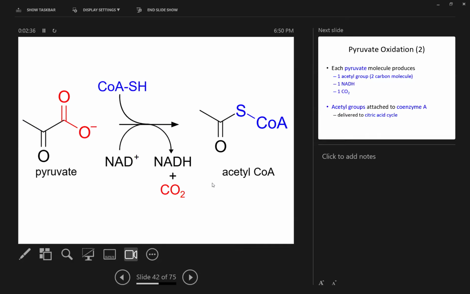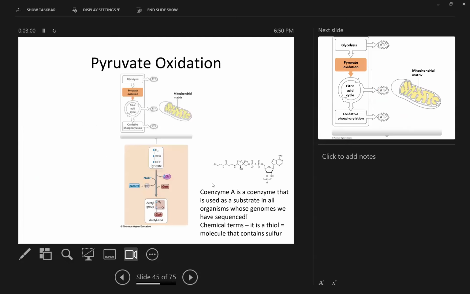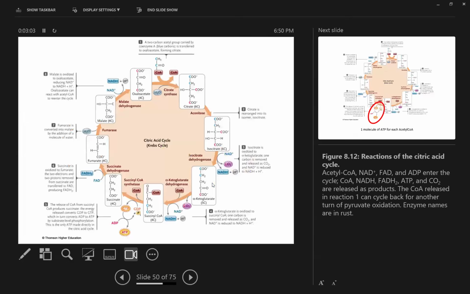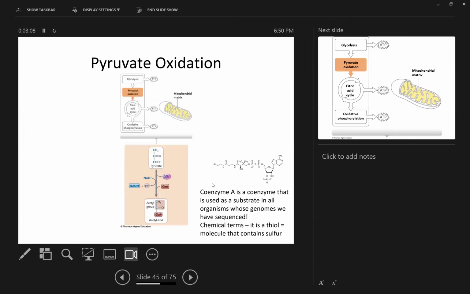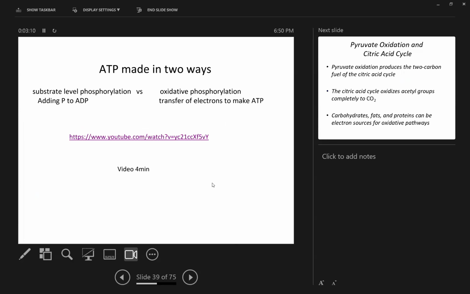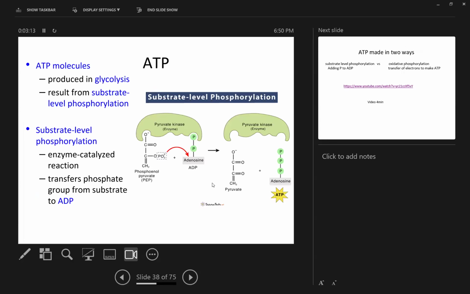It's probably obvious, but we're trying to know if the hydrogen's been added or taken. Okay, let me see if I can find a good slide. There was one slide that was trying to actually show that. No, that one's not a good one.